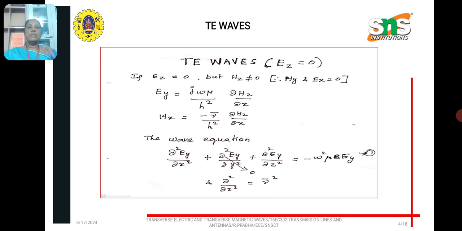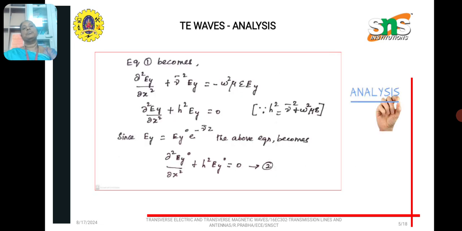Since we have taken parallel planes, which are constant in the y direction, dou by dou y is 0, so dou squared by dou y squared is also 0. In the wave equation, dou squared by dou z squared is substituted as gamma squared, because the z direction is the wave propagation direction.